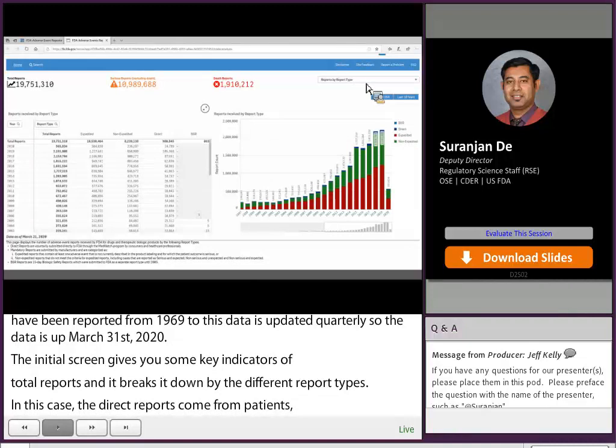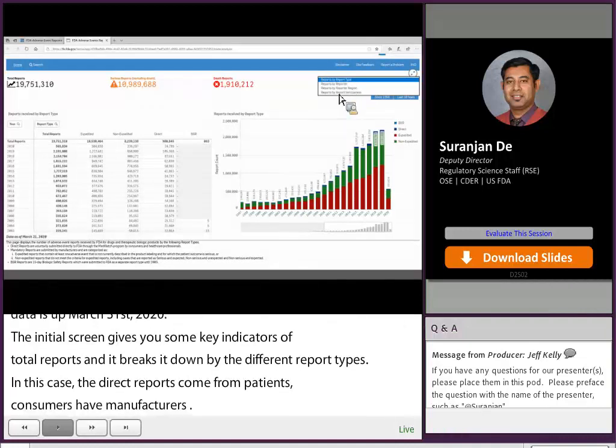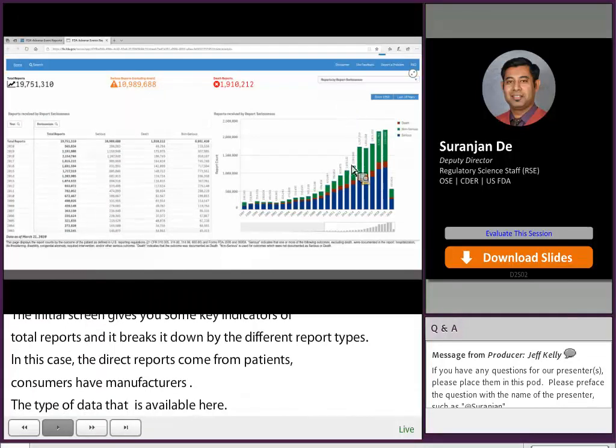The other type of data available here is by who is reporting, from where it has been reported, or by seriousness. So it gives you a breakup of that data. This is showing from 1969. You can look at the last 10 years.